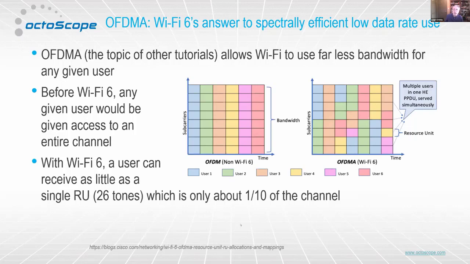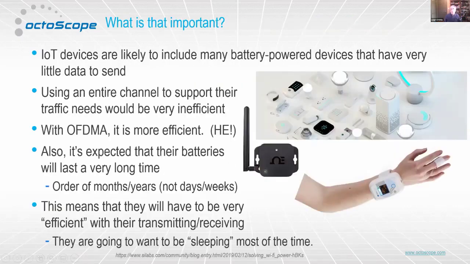So why is it important to have access to less spectrum at any given time? The reason is, if we're looking at the IoT, we're talking about what's likely to be a lot of little battery-powered devices that really don't have a lot of data to send, right? They're sending occasional bursts of telemetry-like data, all of which will be aggregated somewhere and wonderful things will be done with it.